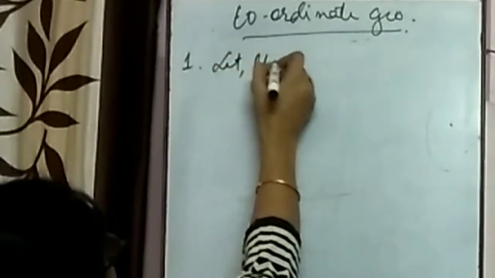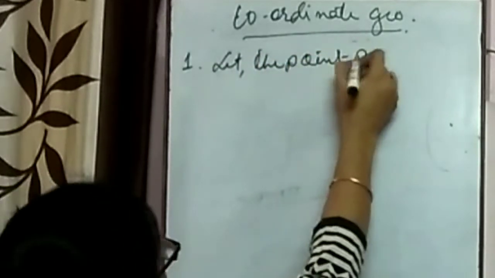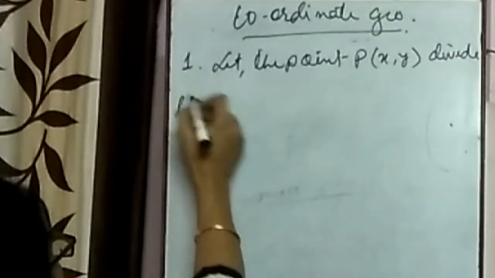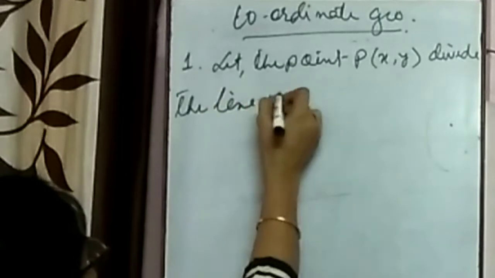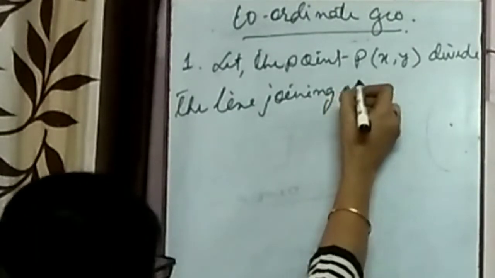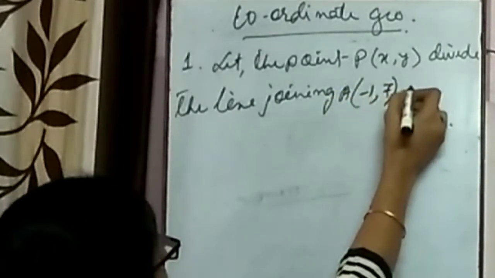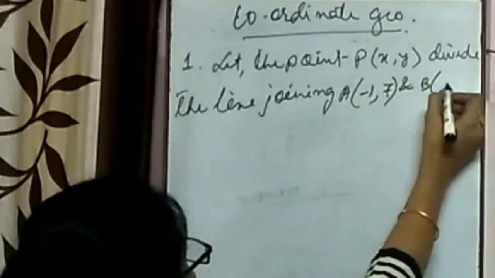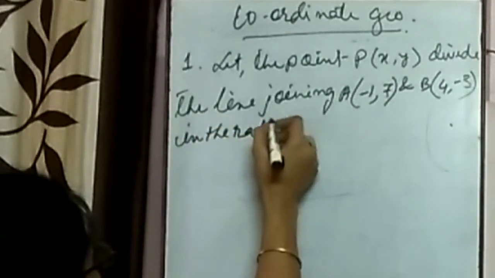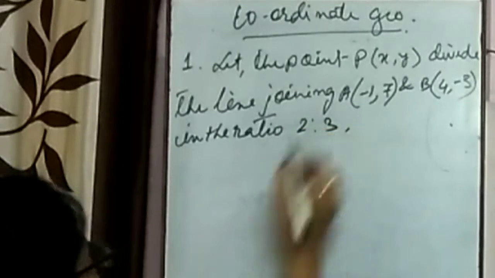Okay. Question number 1. Find the coordinates of the point which divides the line joining the points (-1, 7) and (4, -3) in the ratio 2:3. So let the point P(x, y) divide the line joining both the points, let us name them A (-1, 7) and B (4, -3), in the ratio 2:3.